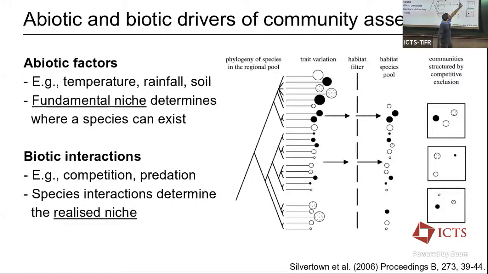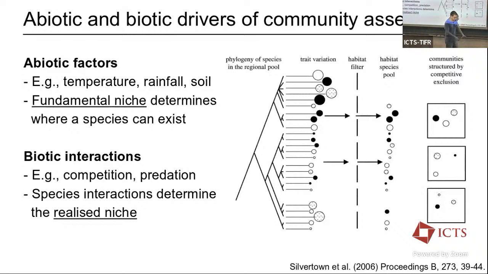And so at a local scale, at the community level, you go out to the community and you ask, what are the species that actually live with each other? Potentially, all of these could live with each other. They've been filtered out through the habitat, right? So they're all there in the habitat.